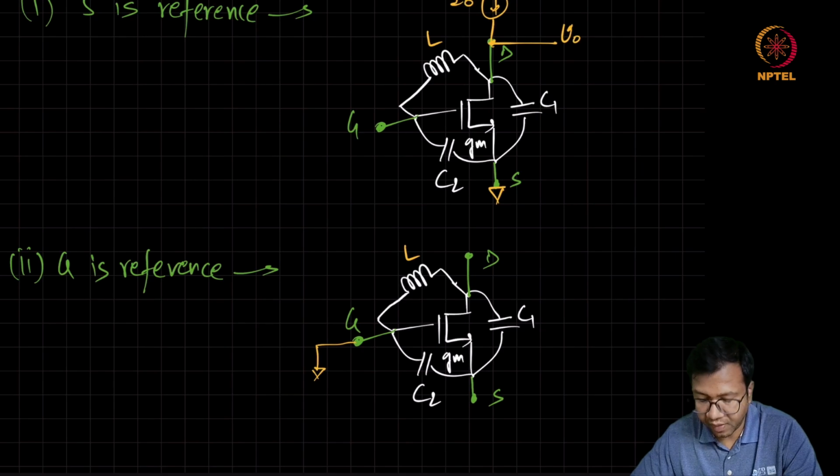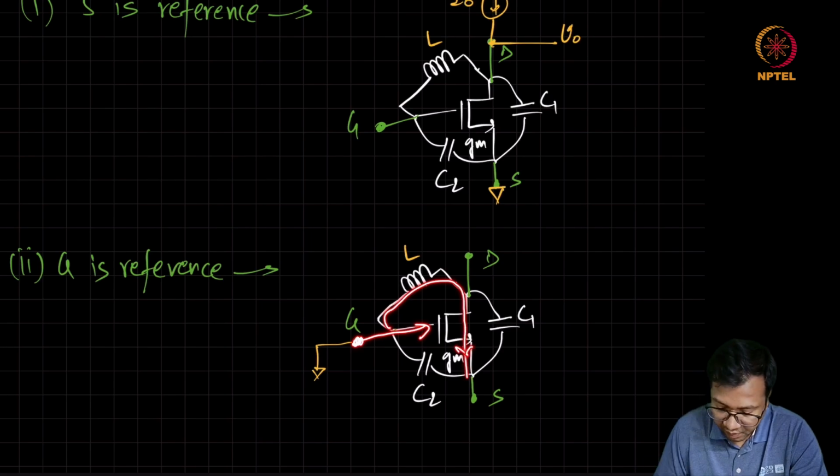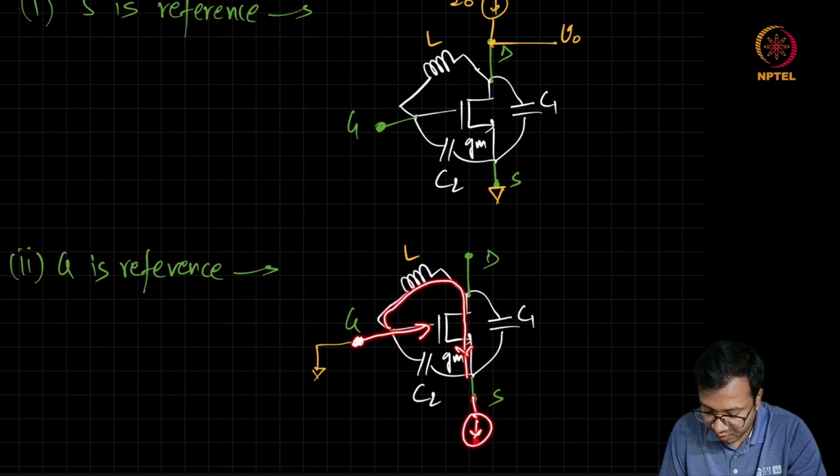And one way to provide the DC current to the transistor is by connecting a DC source at this gate terminal so that it can provide the biasing to the transistor, as well as there will be a path for DC current to come from the drain. And on the source side, we can put a current source so that the source node is not getting loaded by this biasing circuit.